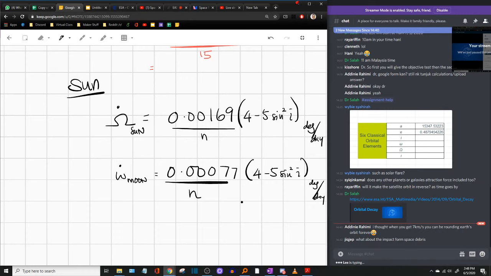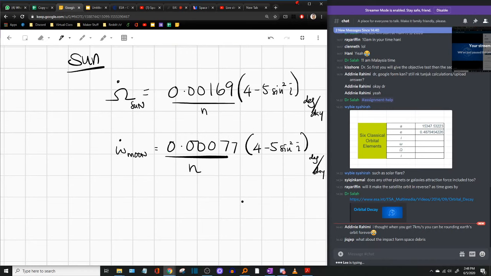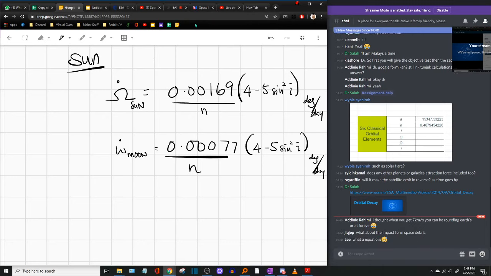Small amount, but still it's going to change our right ascension of ascending node bit by bit, our argument of perigee bit by bit over time. Let me just give you the formula here so you can try and imagine it.